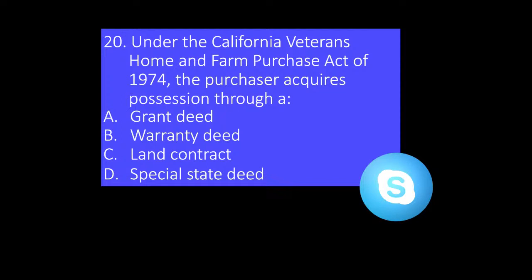These properties are sold to the veteran by installment, so it's also zero down payment. When it's sold to the veteran as an installment sale, when do you think the veteran will get legal title to the property?